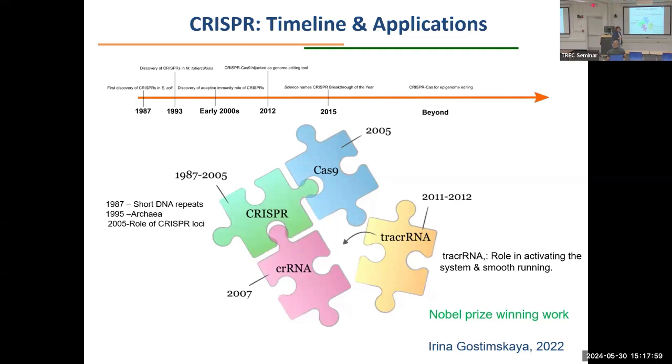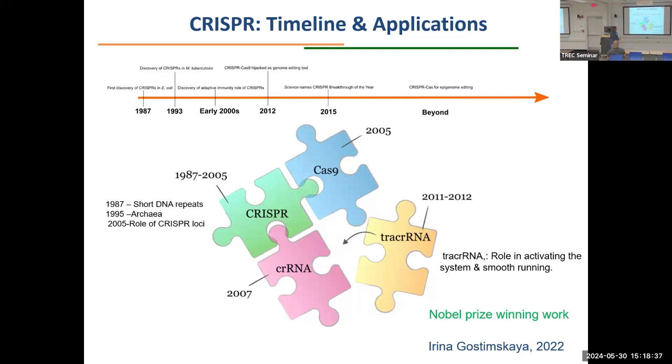Then in 2005, the role of the CRISPR loci was established, and in the same year the Cas protein and its function were reported. In 2007, CRISPR RNA was discovered. Till 2007, they did not know exactly how the CRISPR-Cas9 complex works in adaptive immunity.